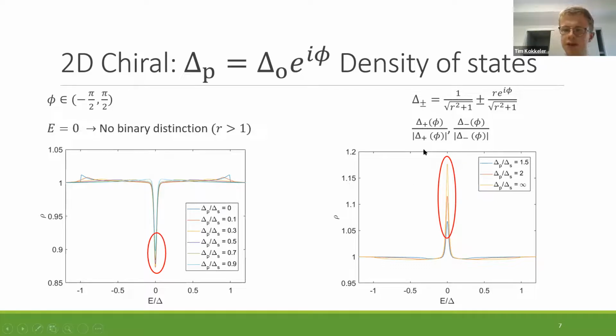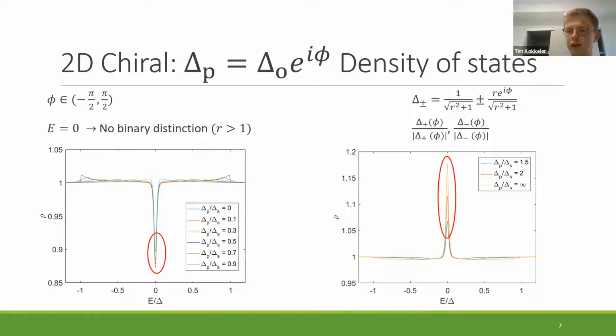The reason can be explained from these two quantities. It appears that the zero energy density of states only depends on these two quantities. For the one-dimensional case, where e to the power of i phi is 1, this boils down to the sign of 1 plus or minus r, which can only assume two sets of values.